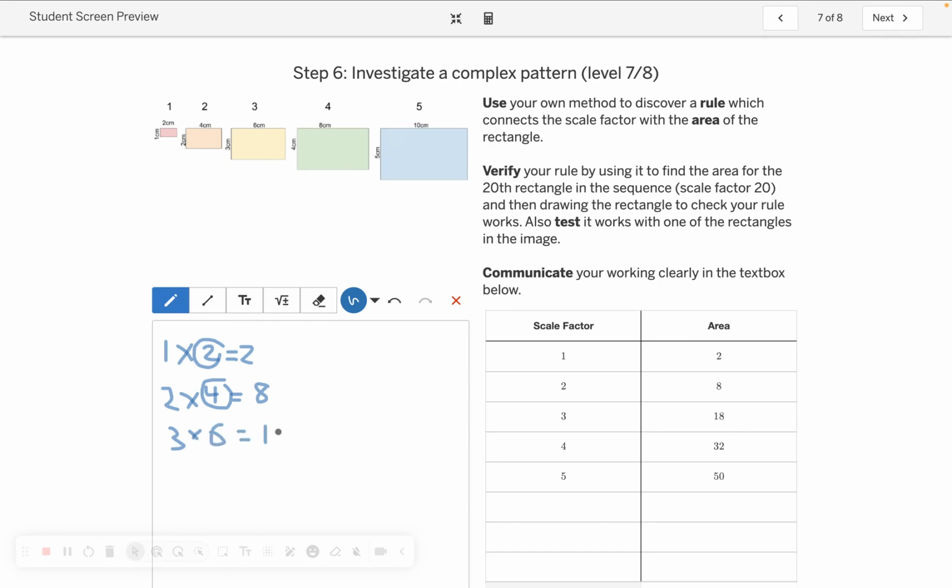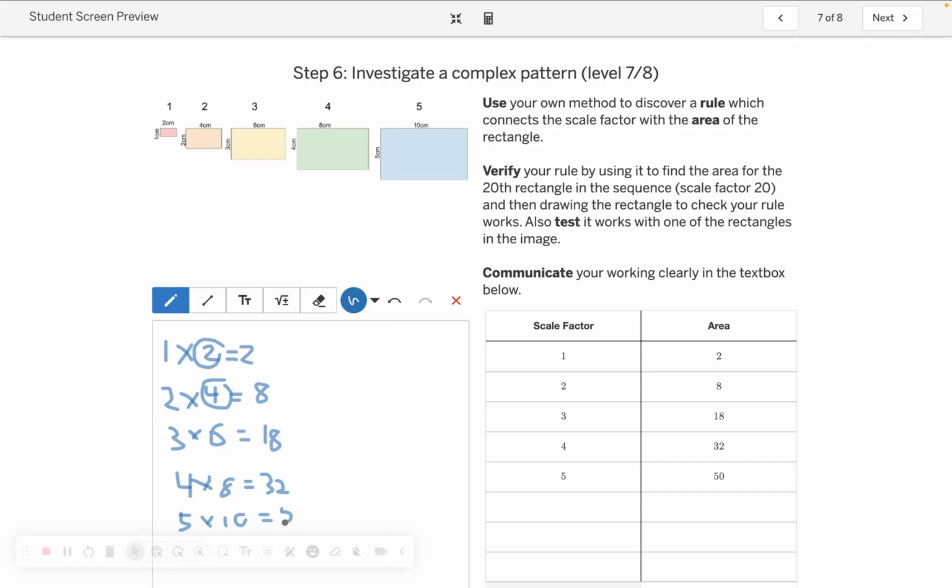We'll look at the next one as well. The more we see, the better it should get. 4 times 8, that gives me 32, doesn't it? And finally we have 5 times 10, that gives me 50.